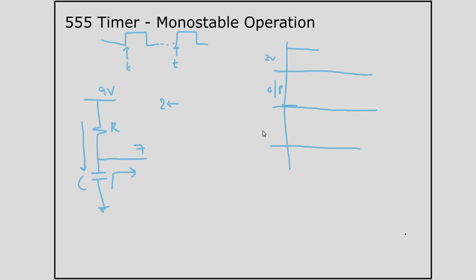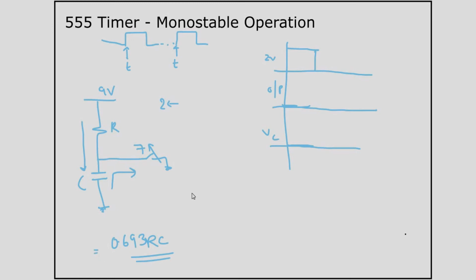So let me put this is VC. Initially this is also at 0 volts. Now if I make this trigger voltage low, the discharge pin which was shorted before will open. So it will slowly start charging the capacitor and the time is 0.693 RC.